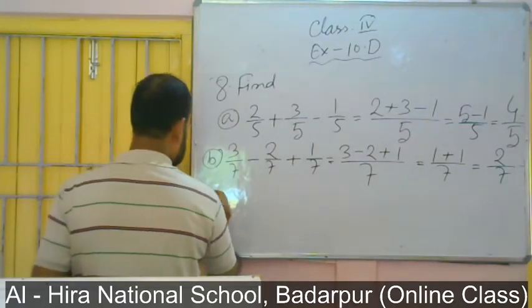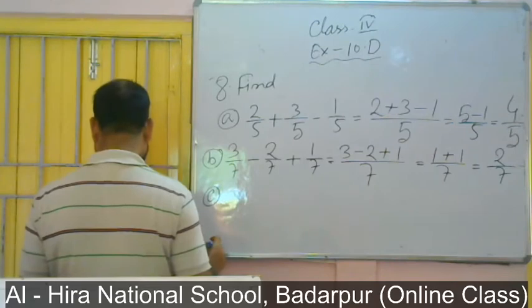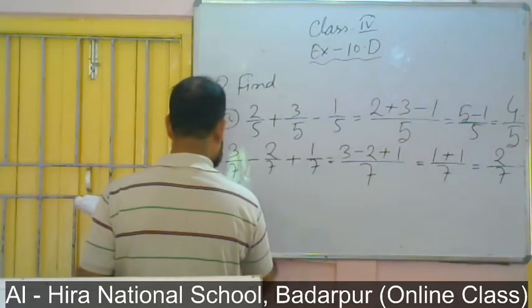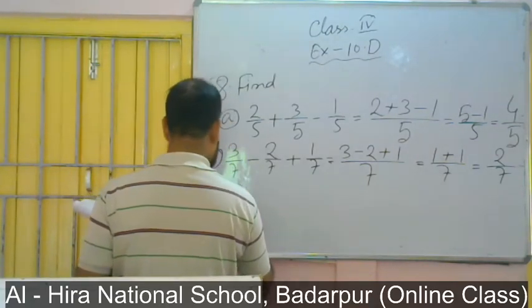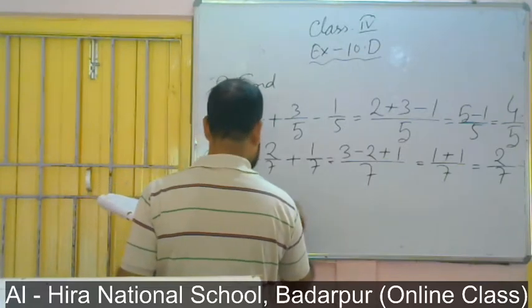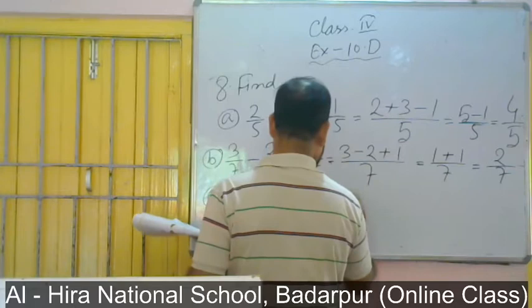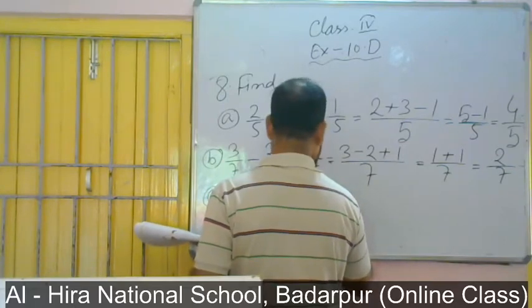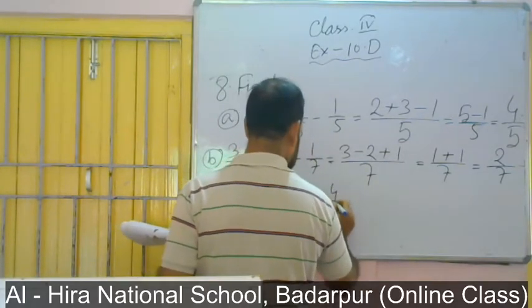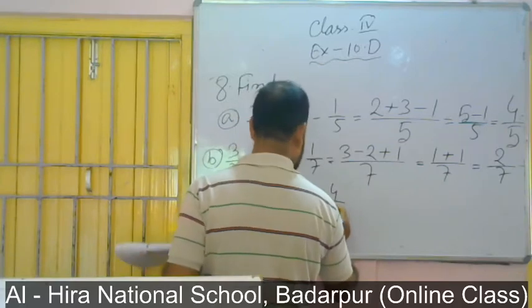Next, question number C: 7 by 9 minus 8 by 9 plus 4 by 9.